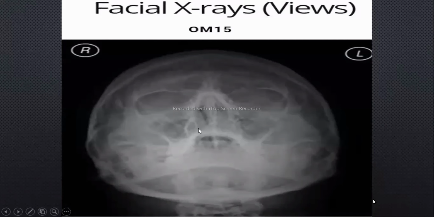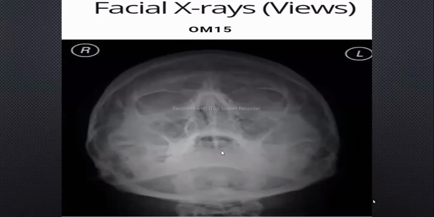So here, what is the diagnosis, guys? Occipitomental view. The diagnosis. Fracture on the right side of the maxilla.